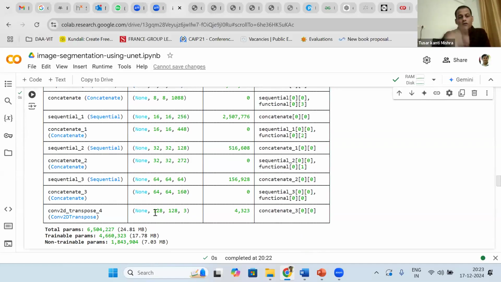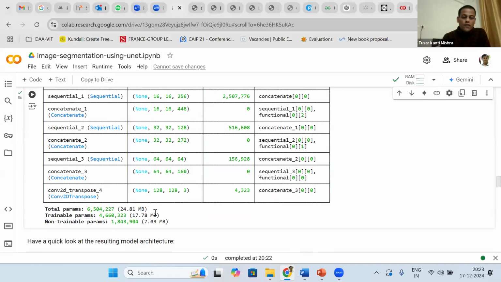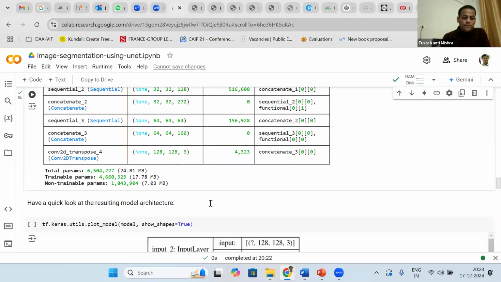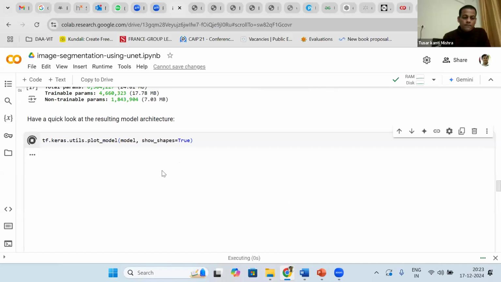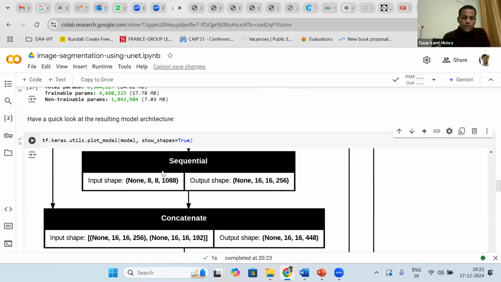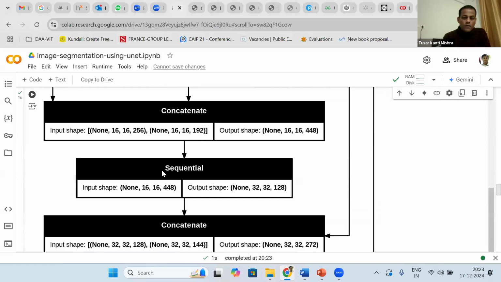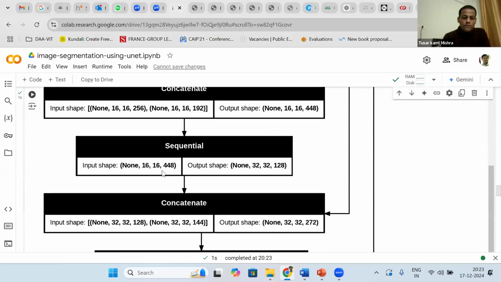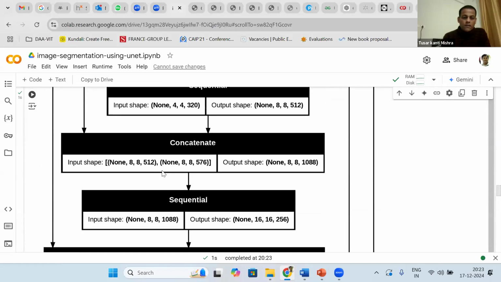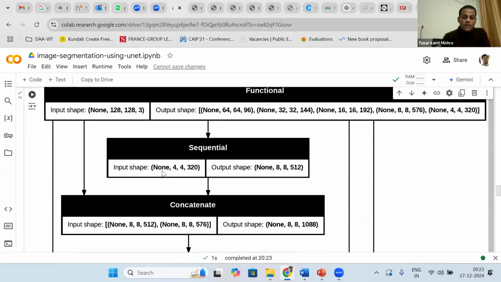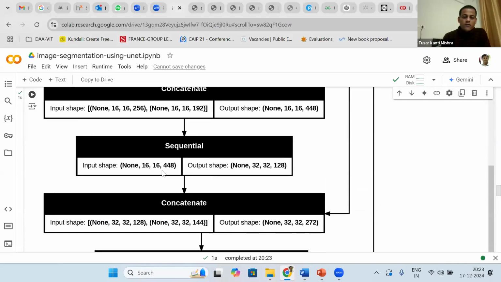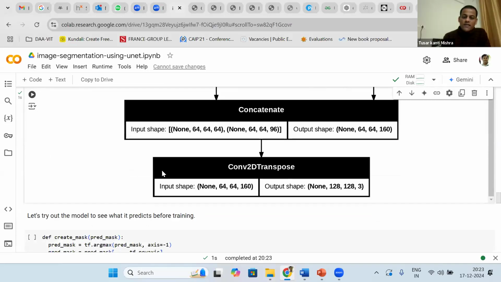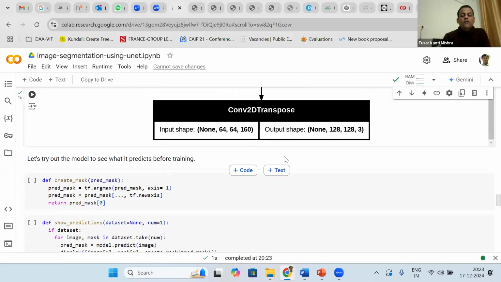Mirroring the input image is only possible if the size is the same. Now the architecture: functional, sequential, concatenate, sequential, concatenate, sequential, concatenate, sequential, concatenate, and the transposed convolution, transposed convolution.